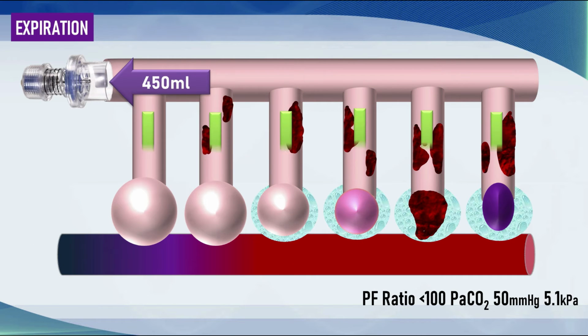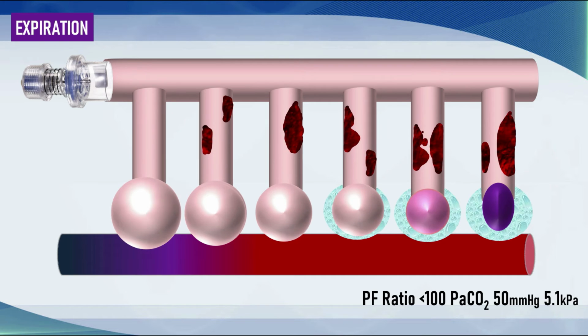Now, by applying PEEP at end expiration, we can prevent derecruitment of a not insignificant proportion of these lung units. You can see here the anterior apical segments are slightly overinflated, but they're well recruited. And as we go from left to right, there's better overall ventilation just associated with giving the patient PEEP.